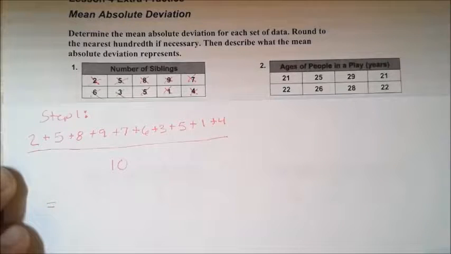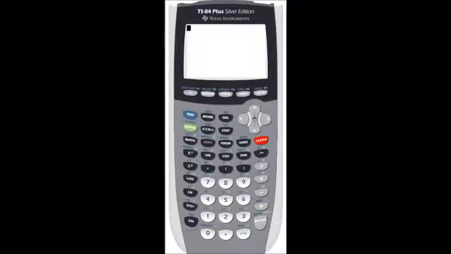So let's go ahead and put that into our calculator right quick. Here's 2 plus 5 plus 8 plus 9 plus 7 plus 6 plus 3 plus 5 plus 1 plus 4. I'm going to hit enter. It gives me 50, and then I'm going to divide that, hit the division button, by 10, and that gives me 5.